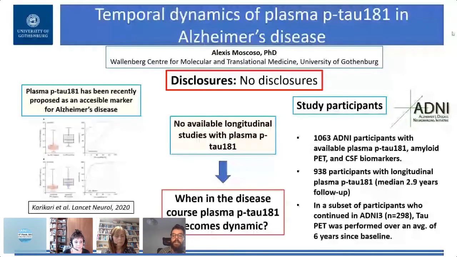In 938 participants, we had longitudinal measurements of plasma phospho-tau acquired over a median follow-up time of 2.9 years. And we did not have tau PET at baseline. However, in a subset of participants who continued in ADNI-3, almost 300, tau PET was performed over an average of 6 years since baseline.